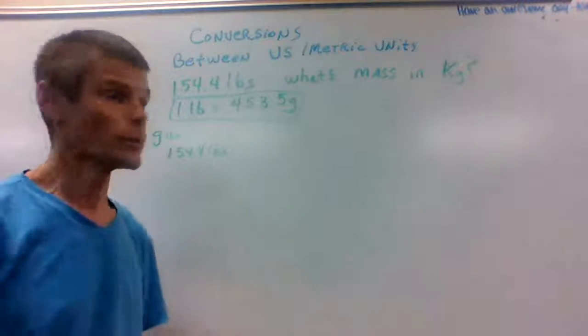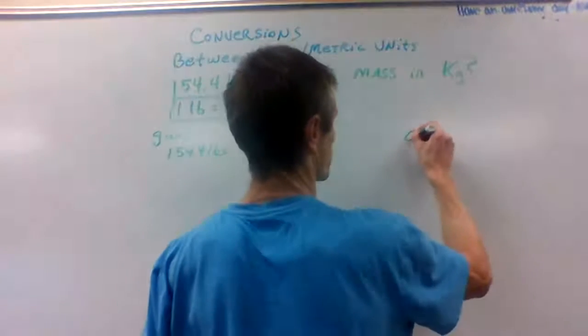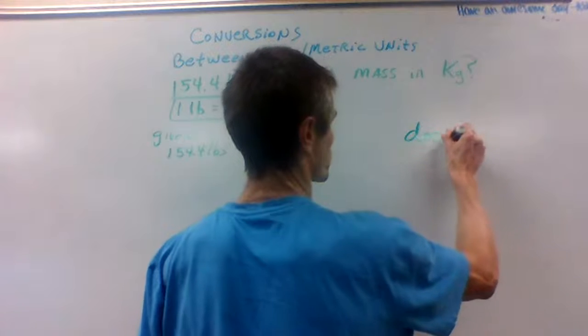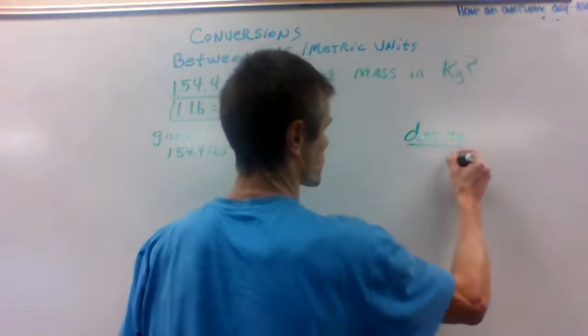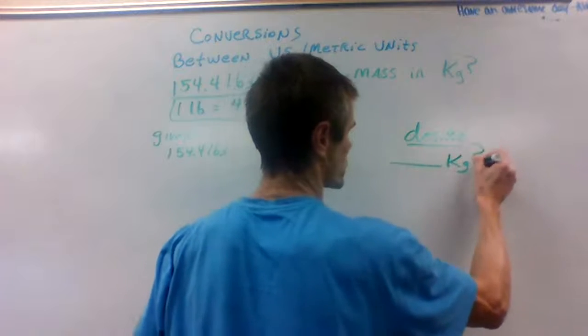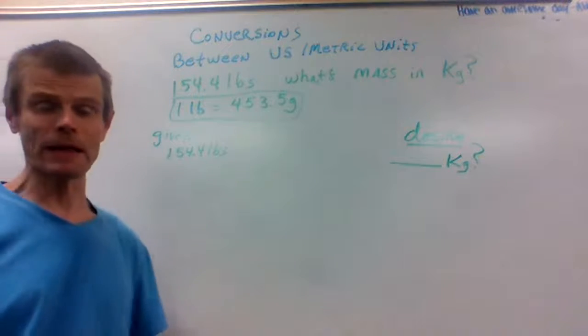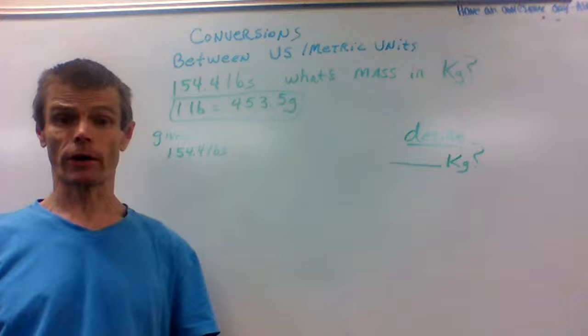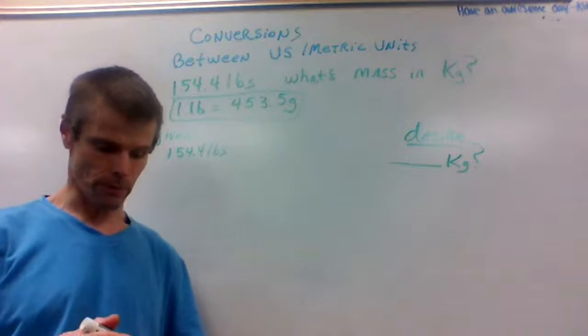What we want, what do we desire? The patient's mass in kilograms. That's what we need. So we need to know where we're starting and where we're going to solve a problem.